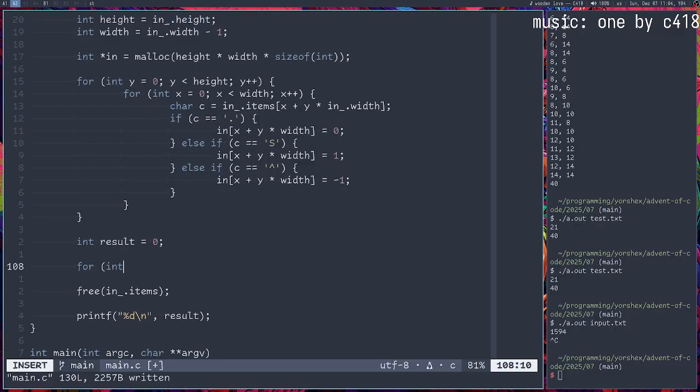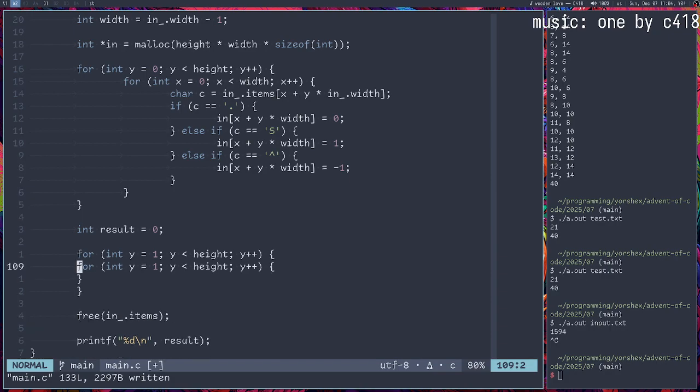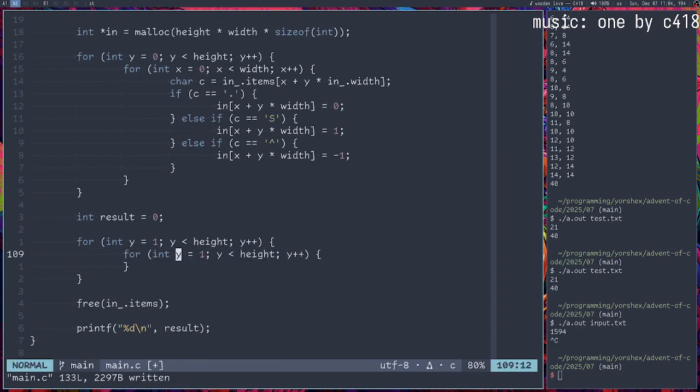For int y equals 1, y is less than height, y plus plus, x is less than width.